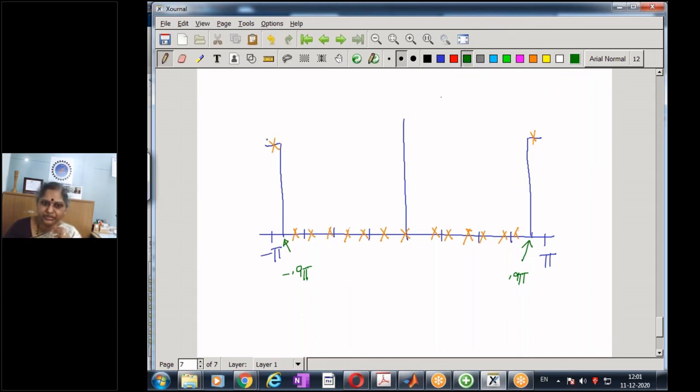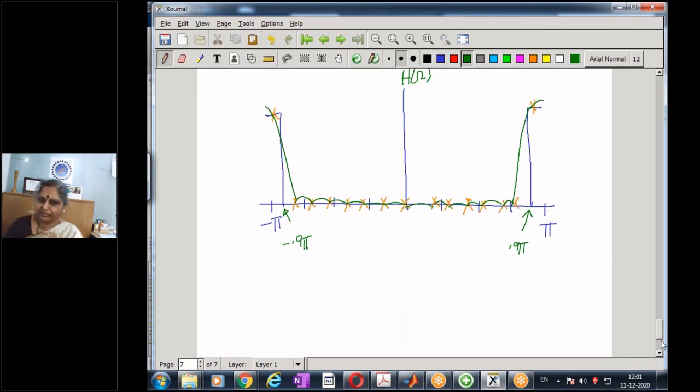Now I'm going to have an exact match at the instances of sampling, and then there are going to be ripples. Of course, the ripples we saw were dying down as we progressed. So this is the property of the design using the frequency sampling method. We have an exact match at the instances of sampling and ripples in between.